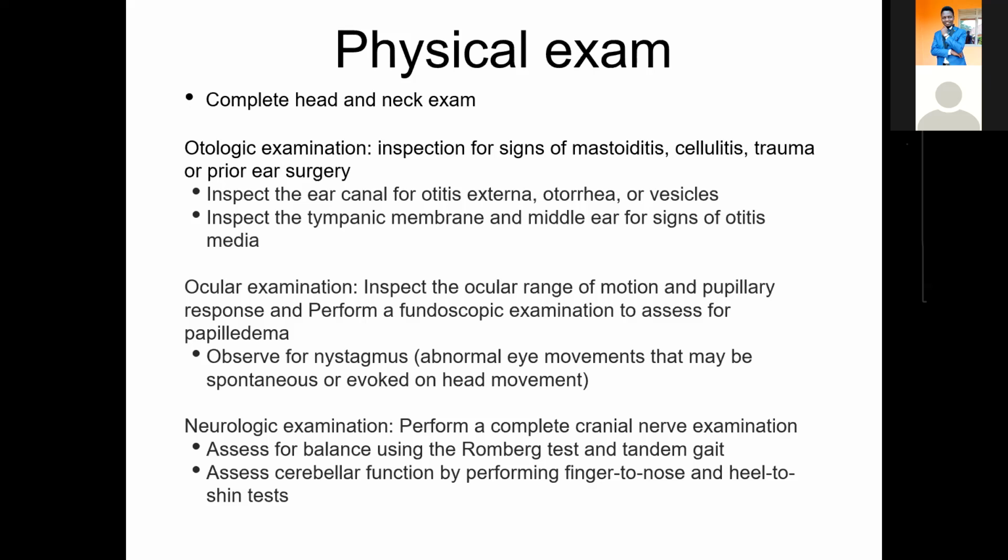Romberg is when you make the patient stand, close their eyes to remove fixation, put their hands out, and then you see if they maintain their balance in relation to gravity. Then we have the tandem gait. Then assess for cerebellar function by performing finger-to-nose or heel-to-shin tests.